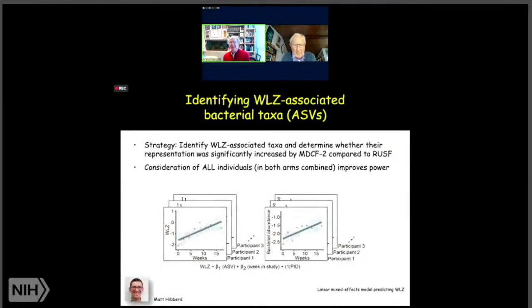Similarly, Matt Hibbert looked to the microbiota to identify WLZ-associated bacterial taxa and to determine whether their representation was more impacted by MDCF2 compared to RUSF. Again, for each individual, taking the data about the change in WLZ over time and correlating with the change in abundance of several hundred different bacterial taxa identified by 16S sequencing using linear mixed effects models.